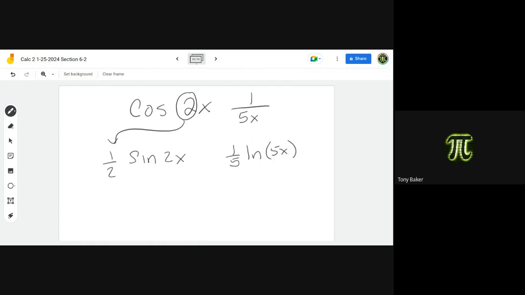Even though the 5 is in the denominator, it doesn't matter, because my u in that case is 5x, not 1 over 5. So it doesn't make any difference in that regard.